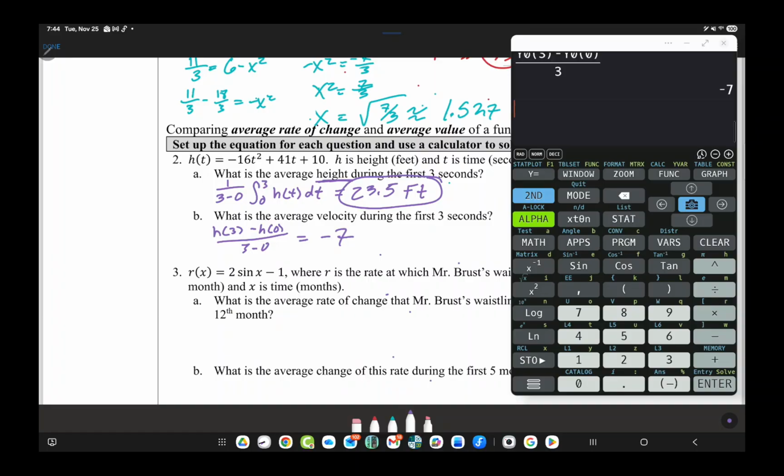So you can use that function notation in your calculator. Right? So again, these are things I'm finding out recently. So I'm letting you know as soon as I do. All right. So now this is velocity, and velocity is in what? Feet per second.